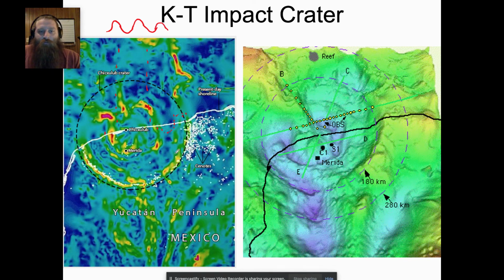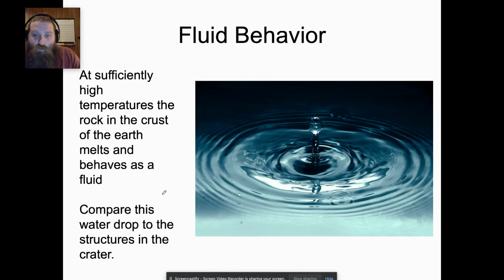Not quite as high, right? There's not quite as much red. And so a cross section of the land would kind of look like that, which is pretty similar to this picture of a water droplet being dropped into a puddle of water.